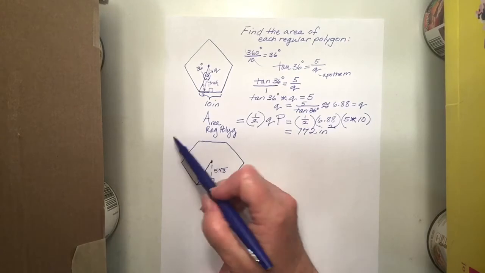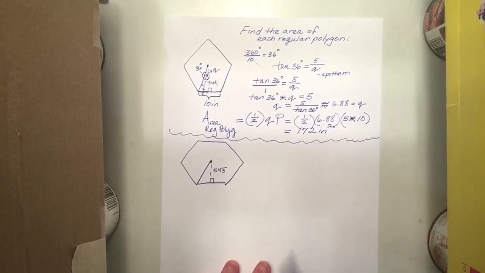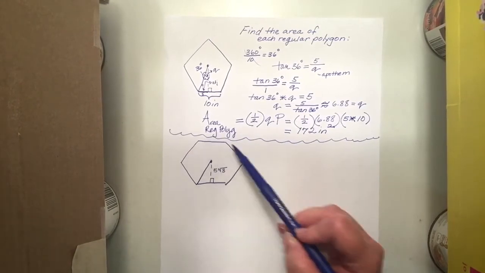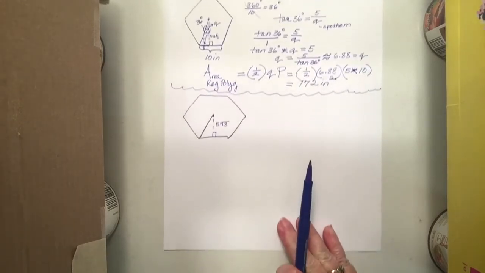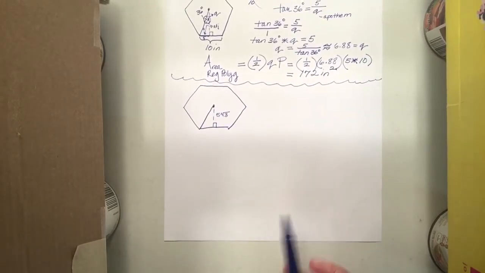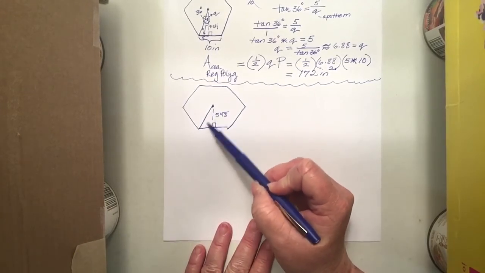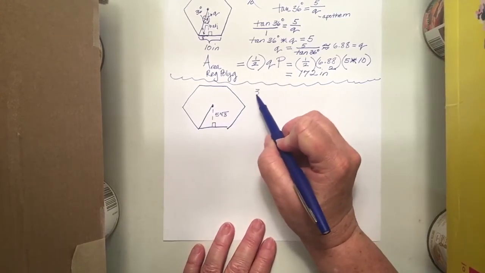All right, that's our first example. And our second example is a different shape. This one is 1, 2, 3, 4, 5, 6 sides, that's a hexagon. Take a look at my small triangle here. How many of these tiny triangles are inside this hexagon?